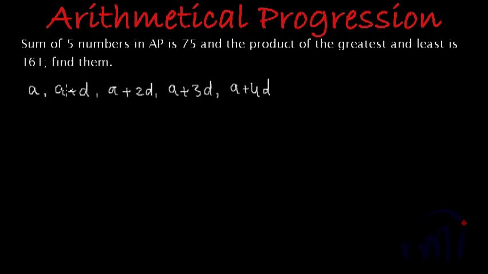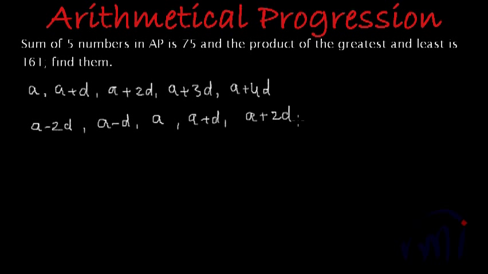And if I keep the common difference as D, then once again I can assume a series like A minus 2D as the first term, then A minus D as the second term, then A as the third or the middle term, then A plus D as the fourth term and A plus 2D as the fifth term. Right?